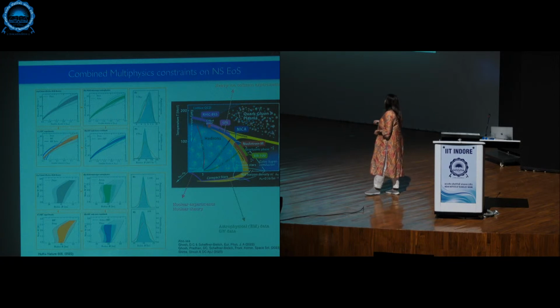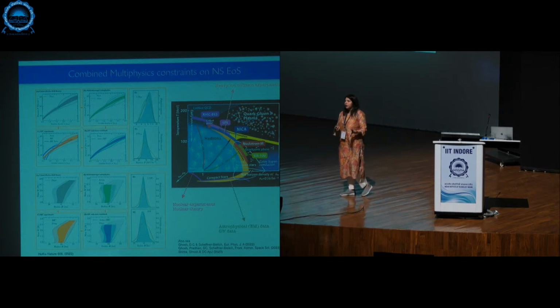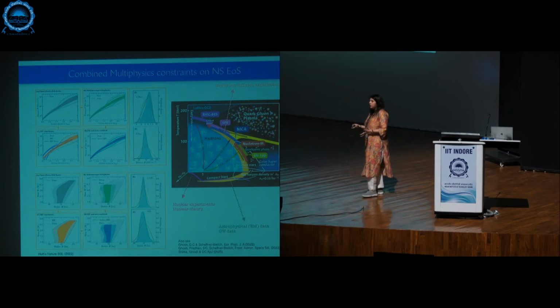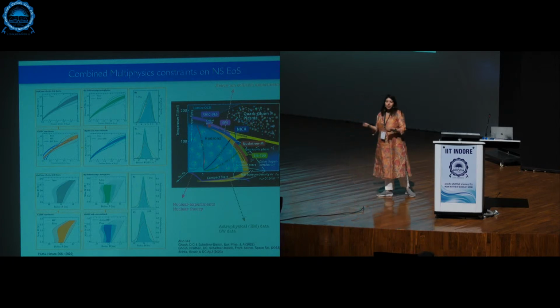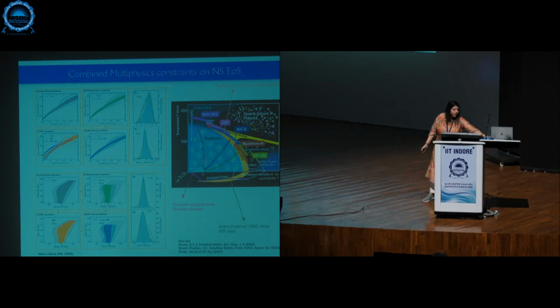For example, if we can combine heavy ion collision experiment information, nuclear theory, for example, the chiral effective field theory, or perturbative QCD, then we can also try to constrain the equation of state better with the help of such multi-physics studies.